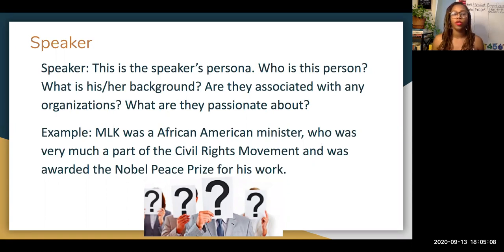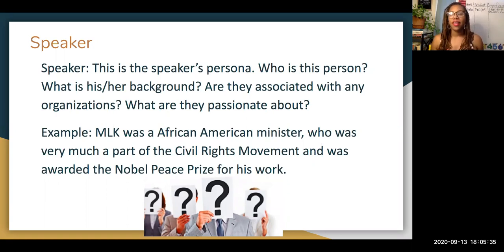And so while you're reading their writing or listening to them give a speech, you know what they're passionate about already if you know the speaker's persona. Or if they contradict it, which happens fairly often when people say, well, I believe in this, I'm down for the cause, right? So let's say that I am a climate change activist, but you catch me littering.